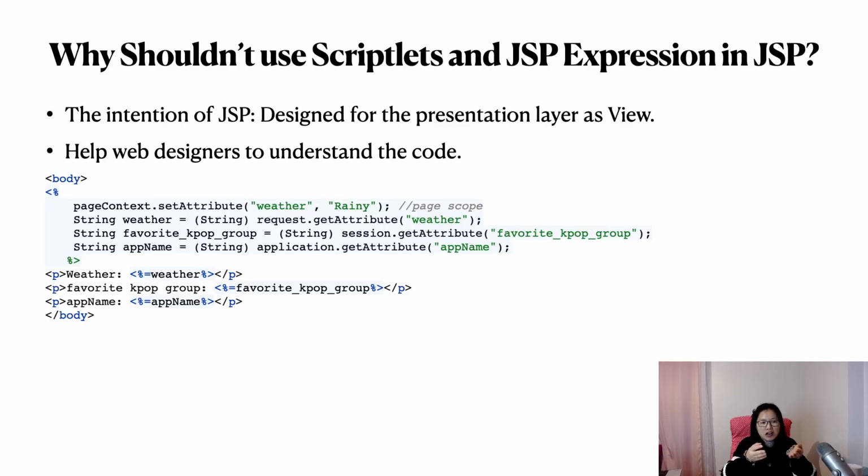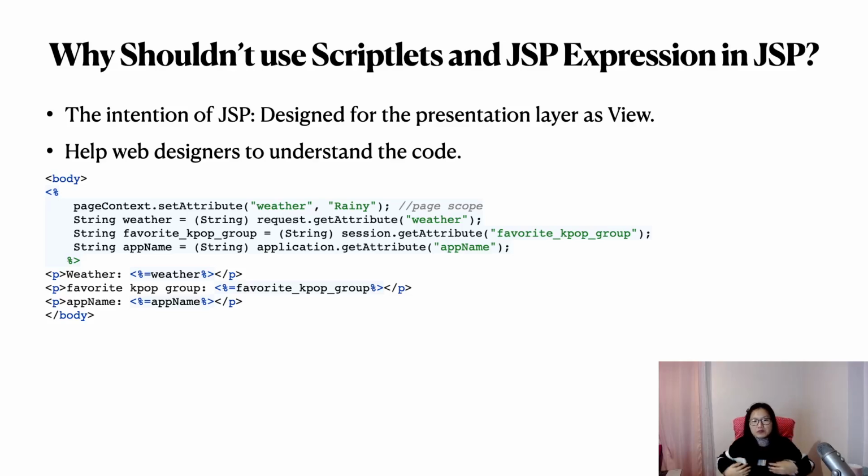Another example here is the JSP expression, which uses equals, like paragraph weather, and here we have some expressions. We have at least 3 examples here for JSP expressions, because the web designer doesn't understand them.